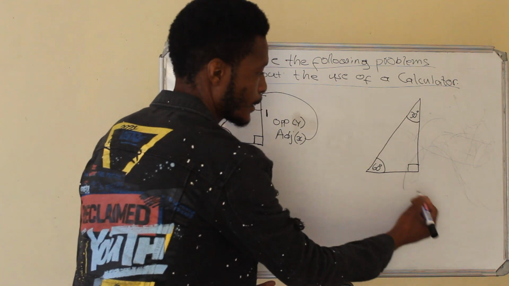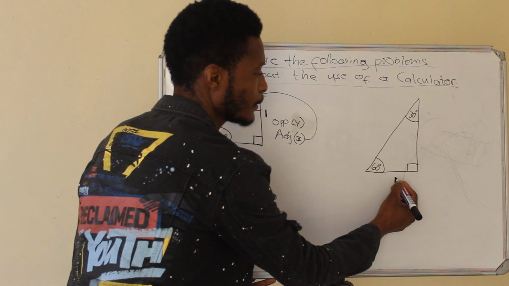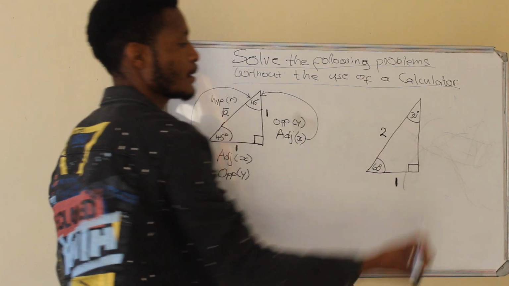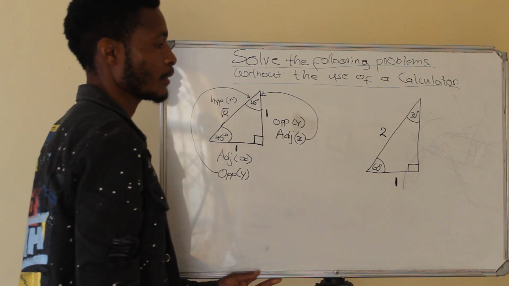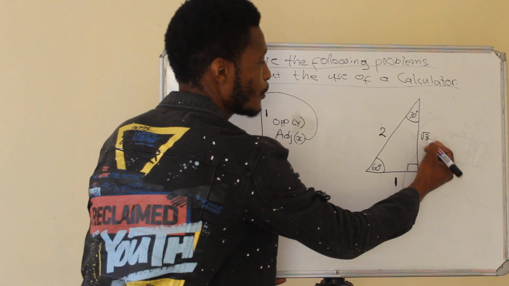Now this side being 1, this side being 2, which is your longest side of the triangle, and then this side being square root of 3.